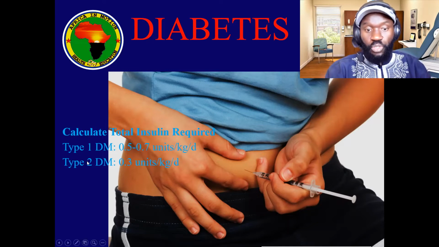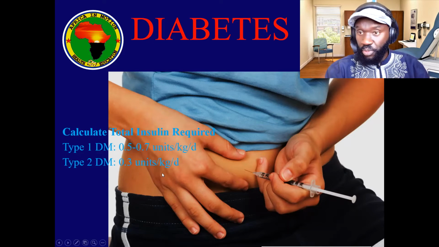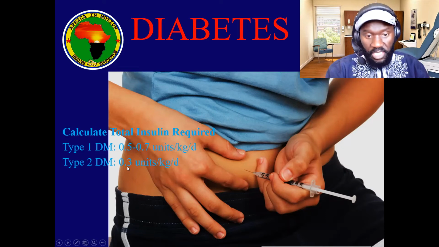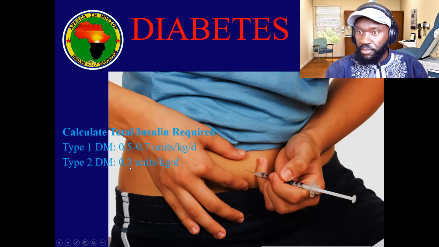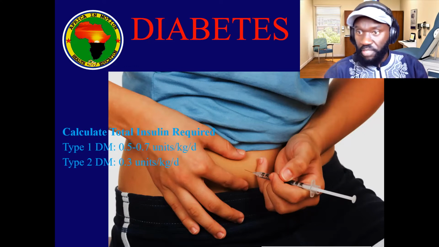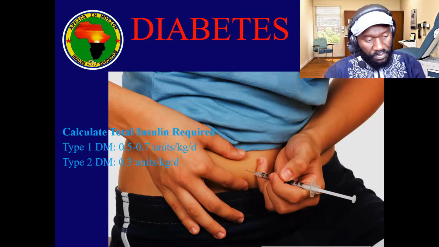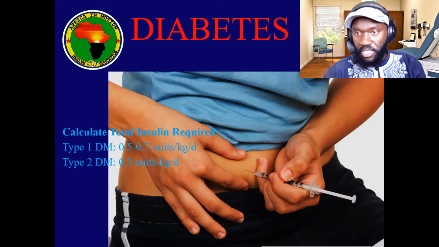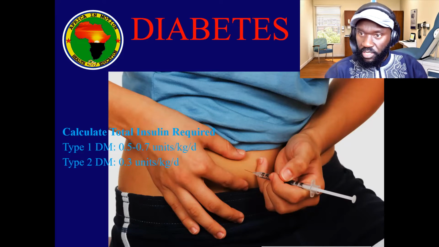So there are doses that the doctor will prescribe for you. Most of the time we go to 0.3 to 0.5 units per kilogram. If, for example, you are 50 kilograms and maybe your weight is not too high, not too elevated, and they decide to give you 0.3 units per kilogram, then 50 times 0.3, you'll be having 15 units per day.